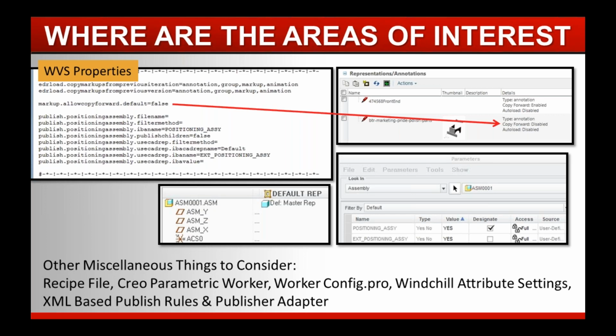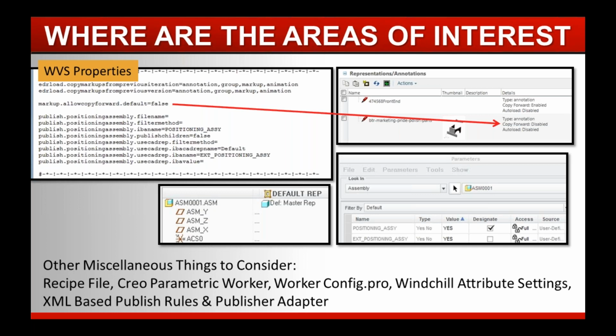They probably have a drawing process where they check in and promote the drawing, and they have some reviewers that are reviewing the drawings and making markups on those drawings in Creo View. In those cases, you're probably not going to want to copy those markups forward, right? Anytime that drawing iterates from revision A to revision B, you don't want those revision A markups on revision B. So you want that copy forward disabled for drawings.